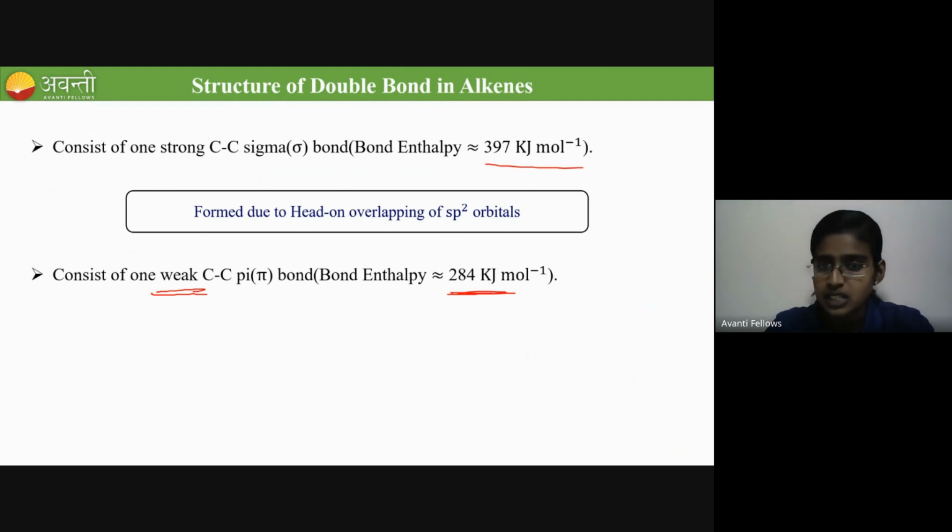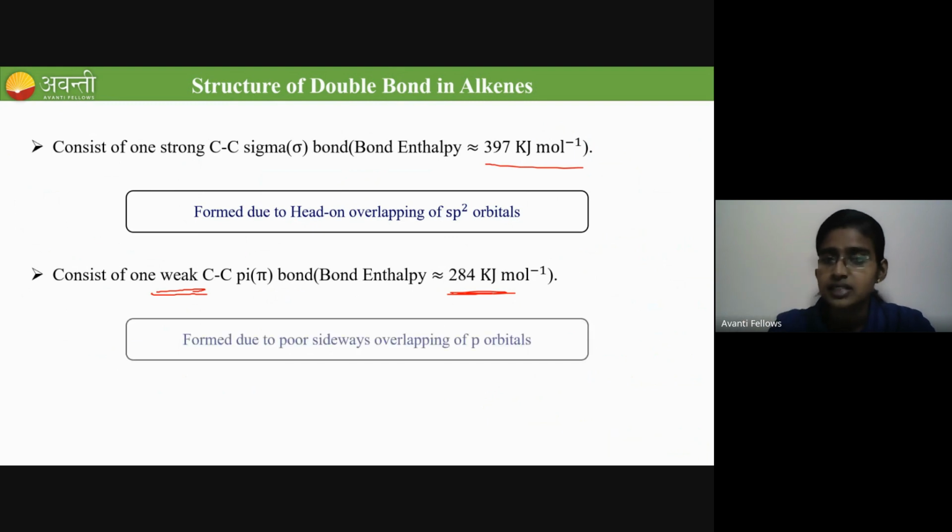You just see it is less than the sigma bond. So if the bond energy is very less, then it shows that we can break the bond so easily. Since the pi bond is weak, we can break the bond so easily. Now, which bond is strong? Sigma bond is always stronger than pi bond.